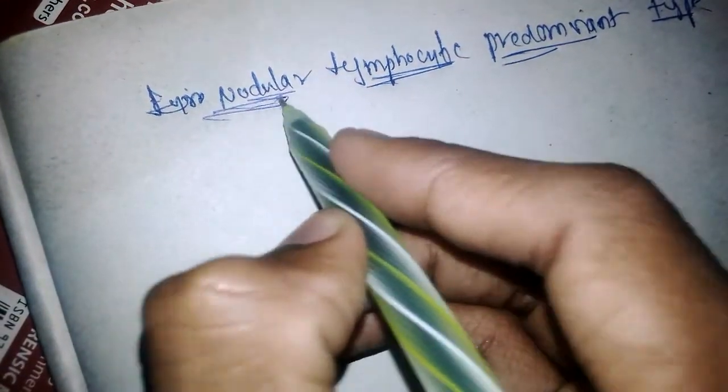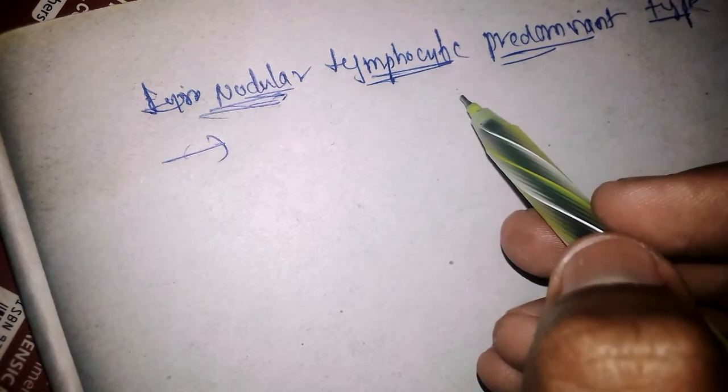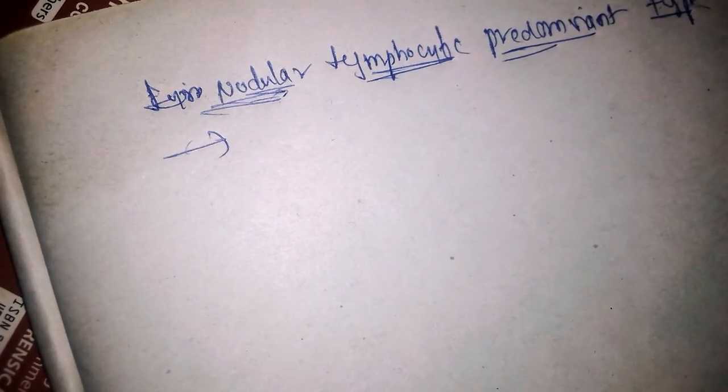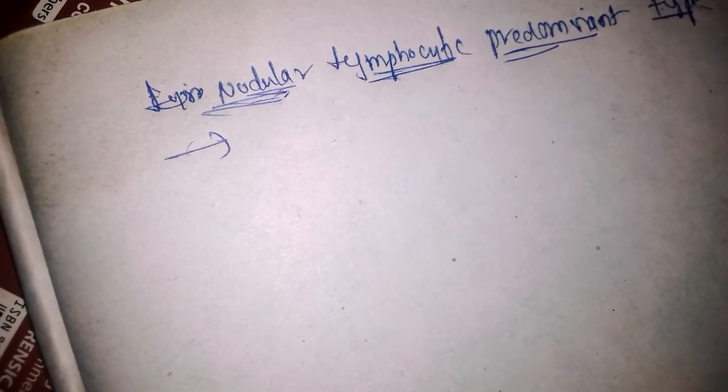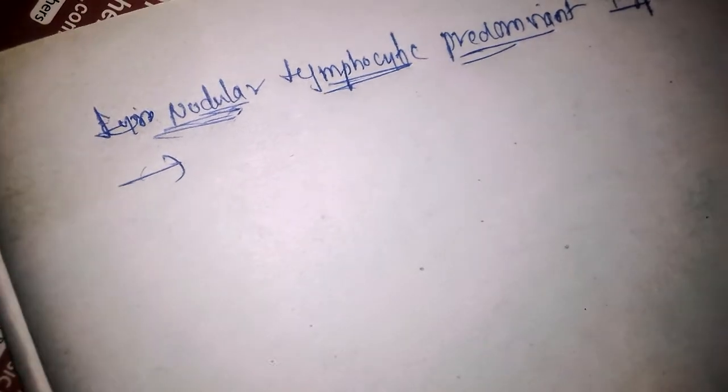As I told you before, this is a form of lymphocyte predominant type. They have been separated because the prognosis is different, and the cellular markers on these cells present in this nodular lymphocyte predominant type are also different, right?